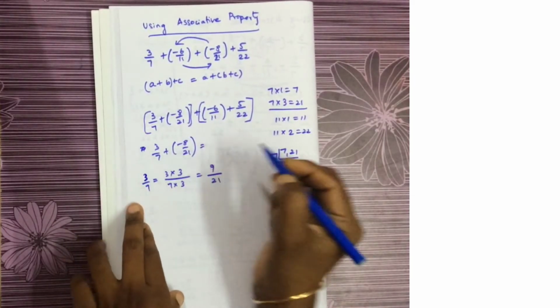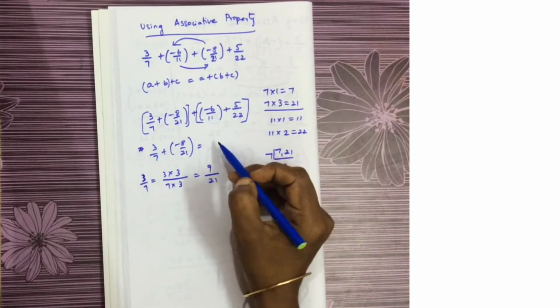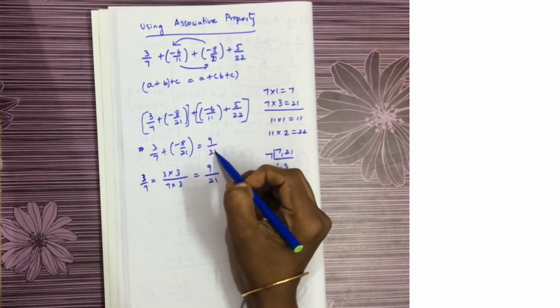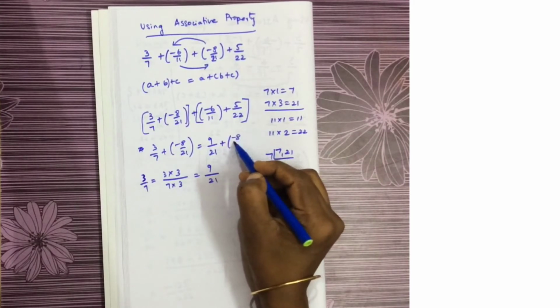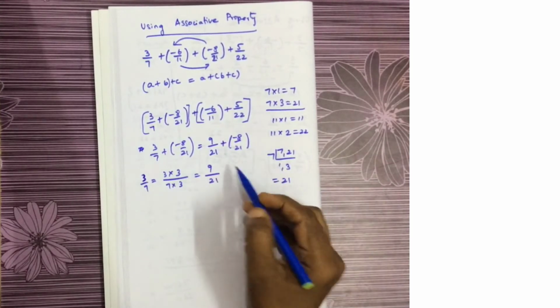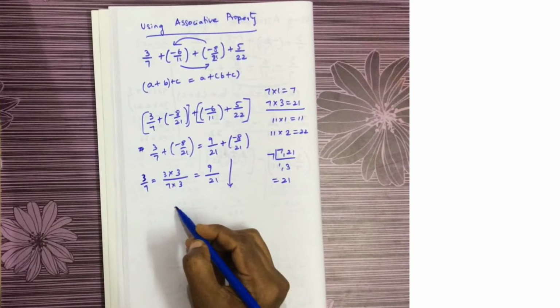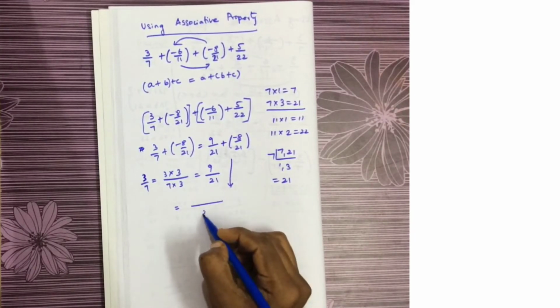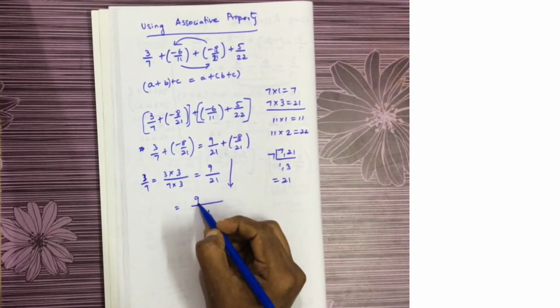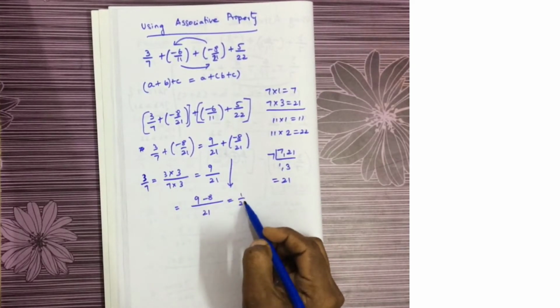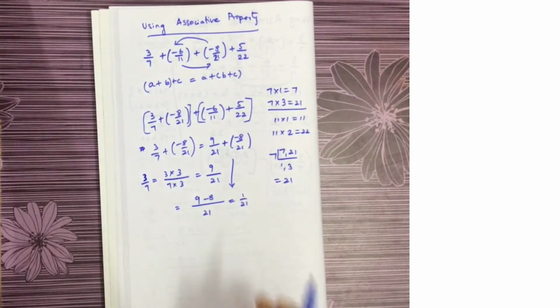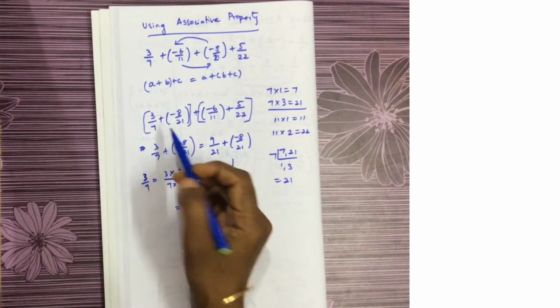So instead of 3 by 7, you can write 9 by 21 plus minus 8 by 21. So with 21 in the denominator, 9 plus minus 8, that is 1 by 21. So now we have solved this first part.